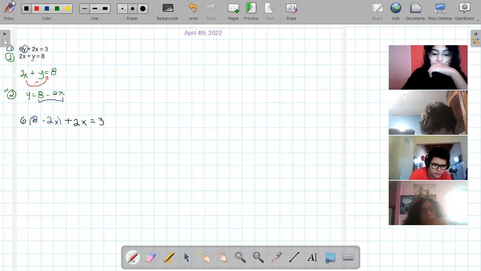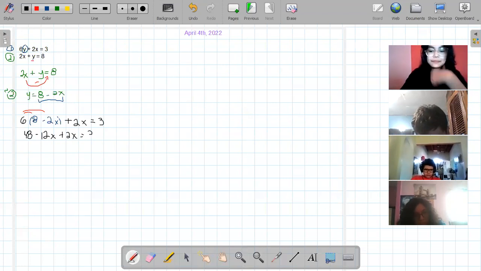Now I do the distributive property because I need to solve. And you see, we only have one variable now, that's what we were looking for. So we have 6 times 8, that's 48, and 6 times negative 2x, that's negative 12x, plus 2x is equal to 3. We simplify the like terms. Remember, this is a like term with this one.